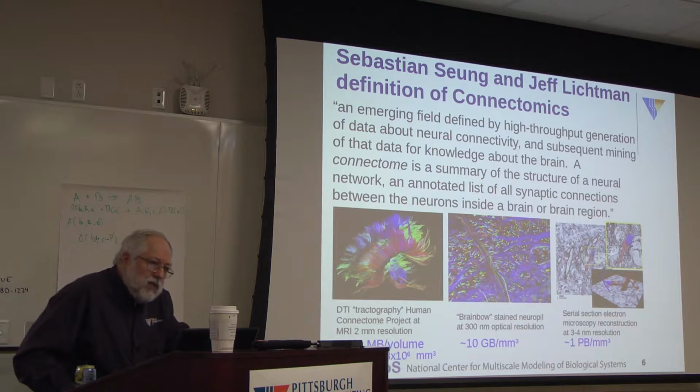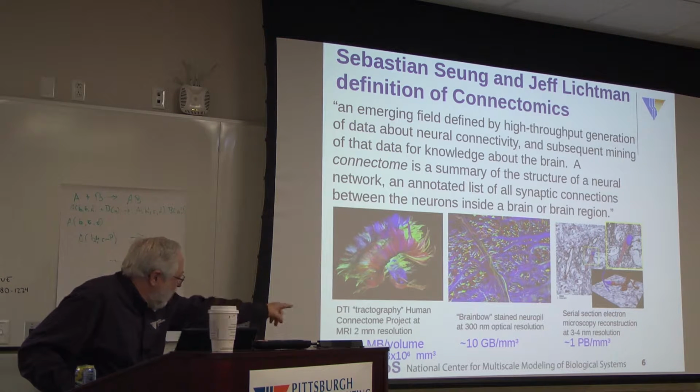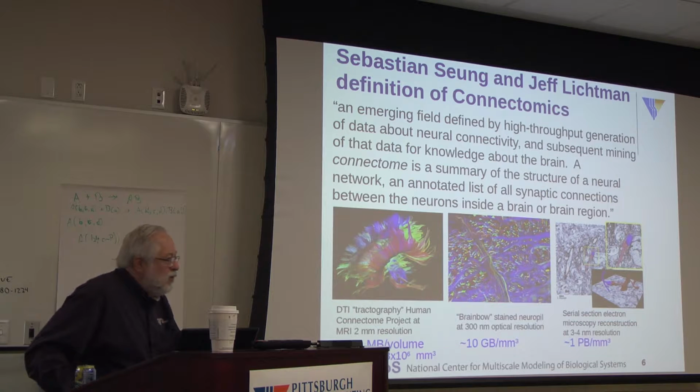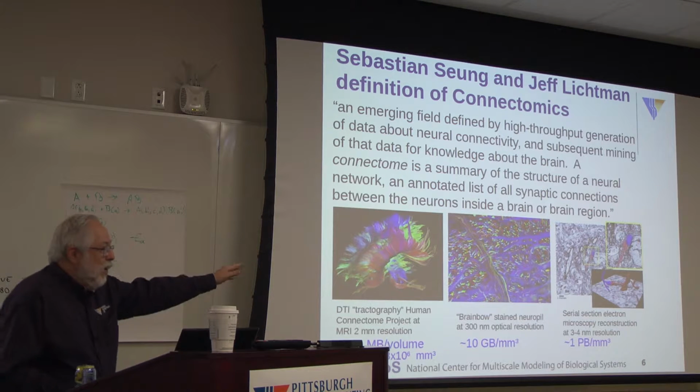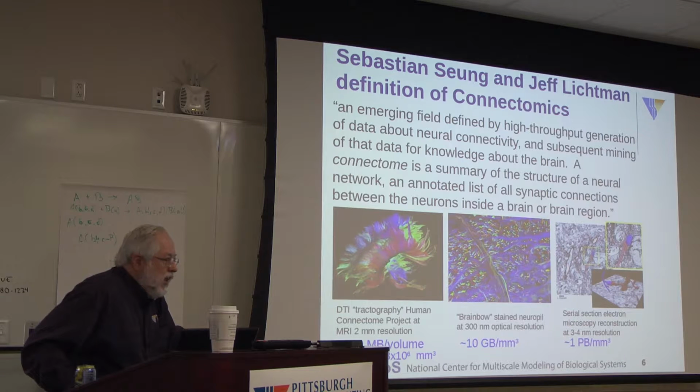Now the human brain is about 1,400 milliliters, and a cubic millimeter is 1,000th of that. So we would need a huge amount of this data to cover the equivalent of a human brain, but this is quite nice for mouse studies and things like that.